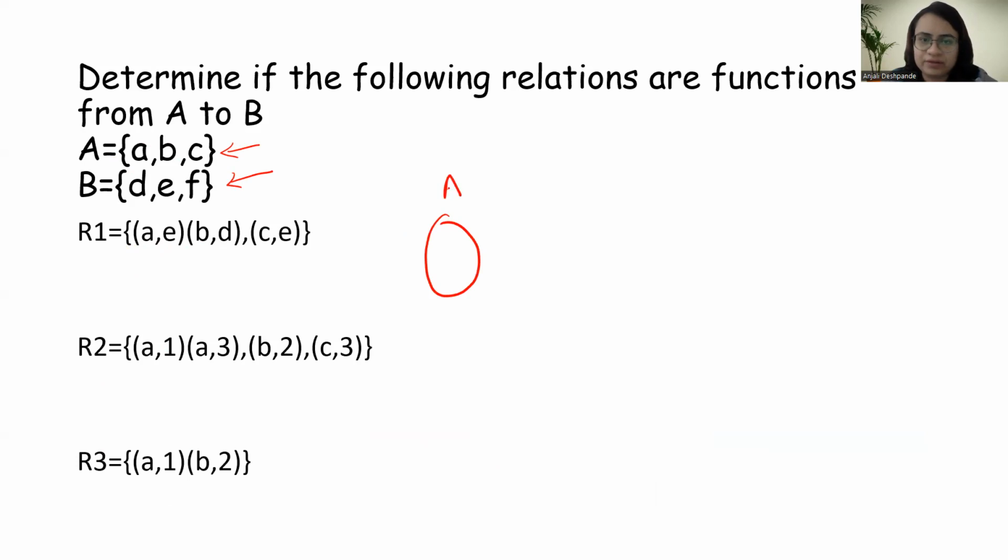For R1, I'll define domain {a, b, c}, codomain {d, e, f}, and from R1, I will show the pairs.